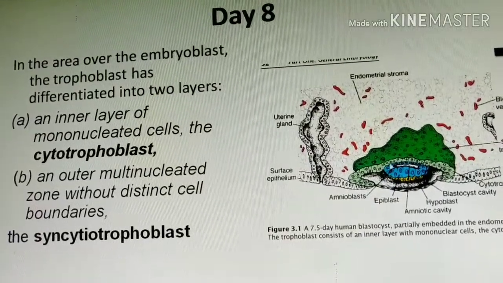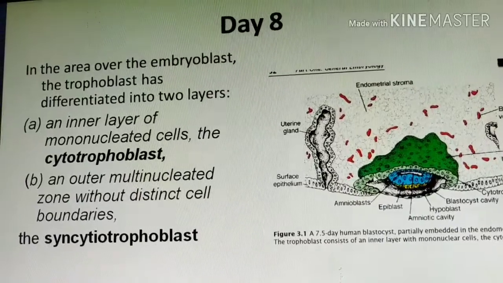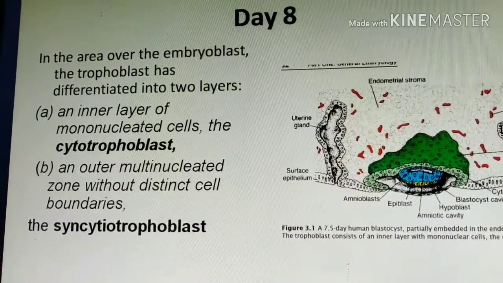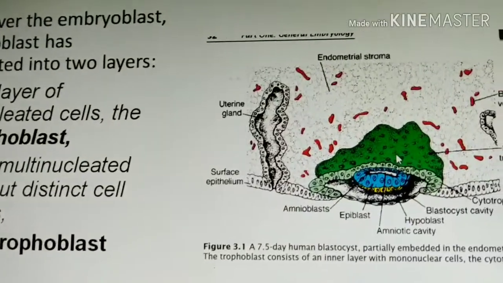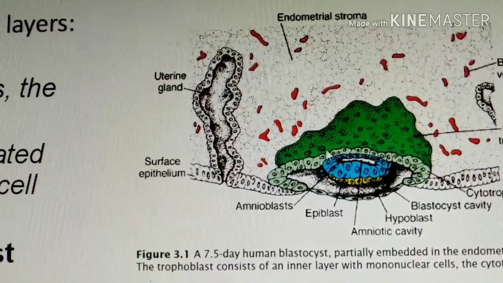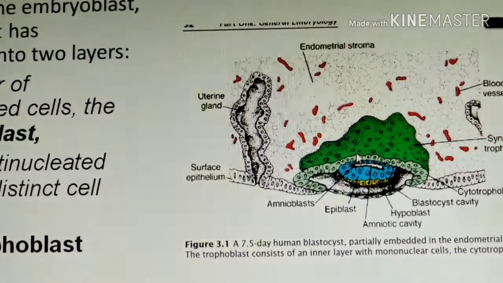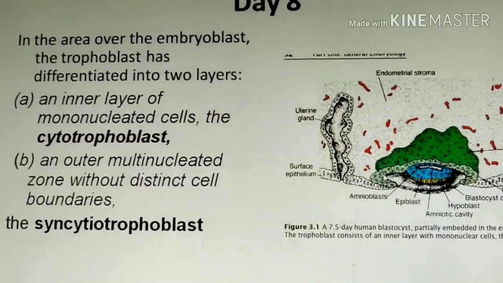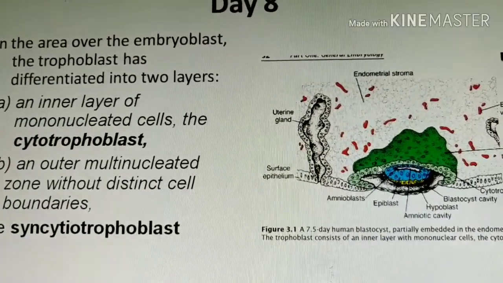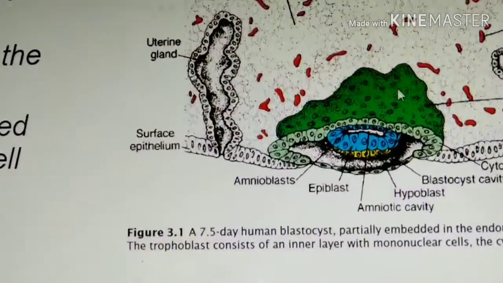The trophoblast differentiates into two layers. The inner layer is mononucleated, the cytotrophoblast, and the outer layer is multinucleated, without distinct cell membrane, the syncytiotrophoblast.